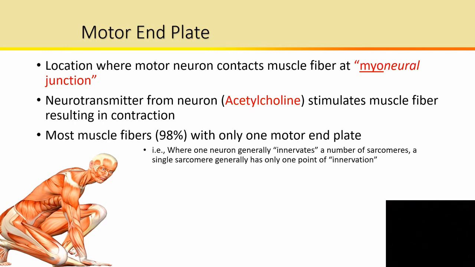In other words, you can't have a sarcomere with two different nerves contacting that individual sarcomere. It just doesn't work. It's sort of like a tug of war. So most muscle fibers, about 98%, only have one motor unit. To explain it: one neuron generally innervates a number of sarcomeres, while a single sarcomere generally has only one point of innervation. And when I say innervation, I'm talking about supply from a nerve.